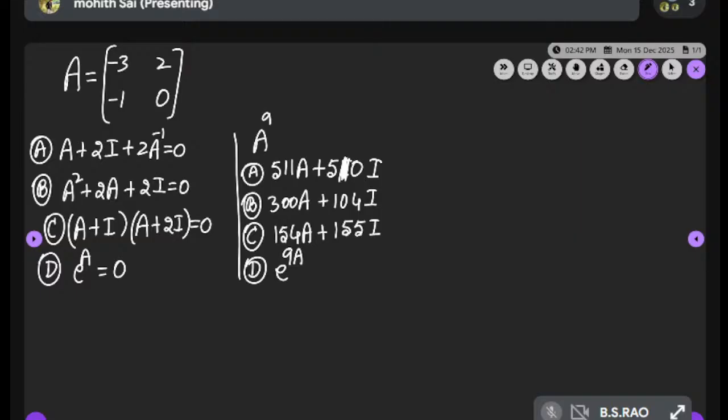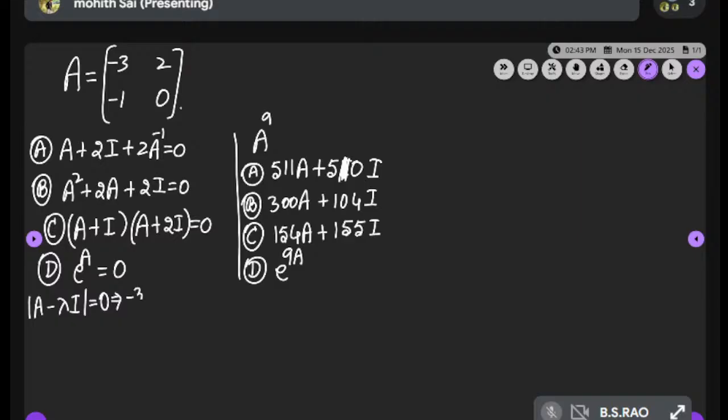Listen. In the first part, one of the equations satisfies the Cayley-Hamilton theorem. So for that we need to write the characteristic equation. What is the characteristic equation? Determinant of A minus lambda I equals 0.